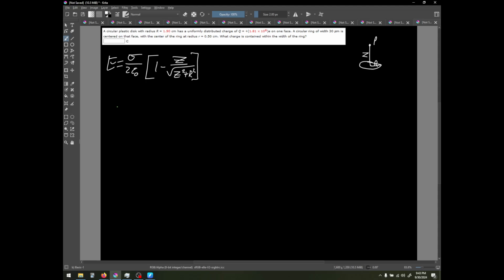So, well, first off, I guess we can start by finding this, which is going to be the area, or no, charge over area. And we just did the one over disk, which is pi r squared. Charge of 1.81 times 10 to the 6th e over pi times 0.019 squared.